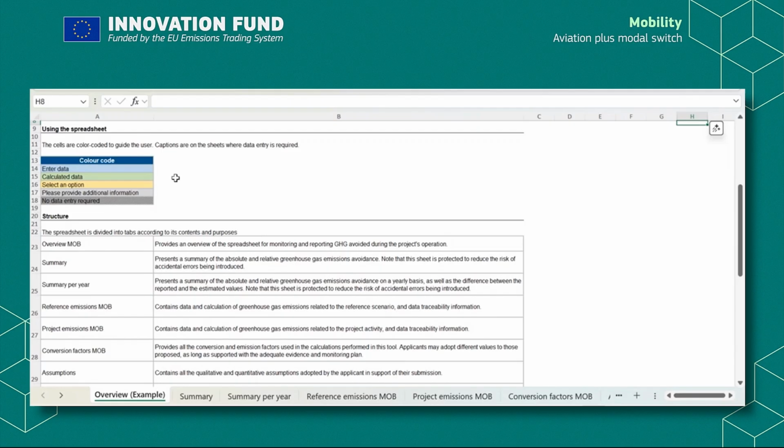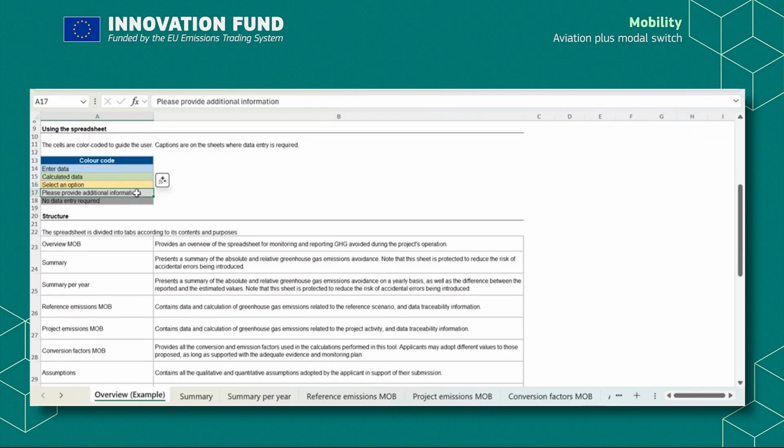As shown in this colored table, blue cells identify cells where any information, activity data or consumption data shall be inserted. Light green cells indicate fields where there is a formula or links embedded. No inputs are required. Yellow cells indicate fields where you should select the appropriate option from a drop-down menu.